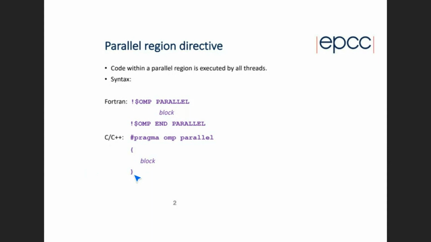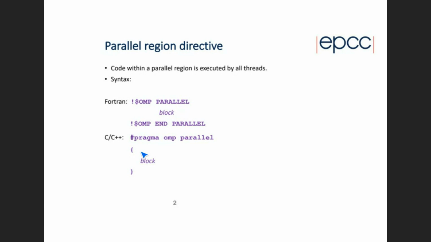A couple of things to note for C and C++ programmers. What follows the parallel directive, strictly speaking, is a C or C++ structured block. So that can, in fact, be a single statement without curly braces. However, I'd discourage you from doing that because it's then a little bit unclear where the parallel region ends.